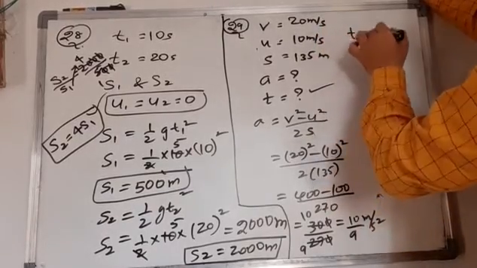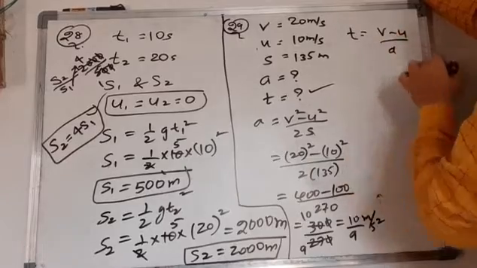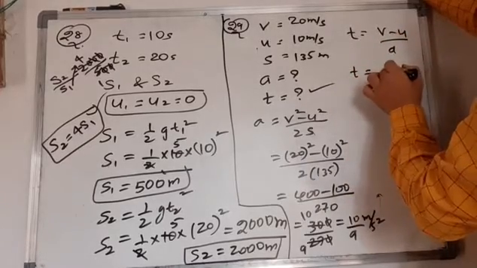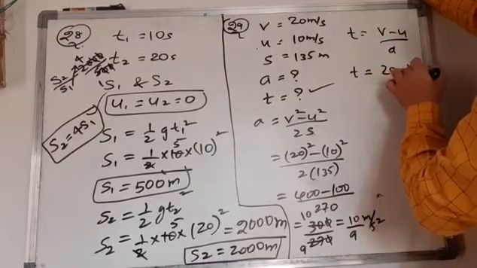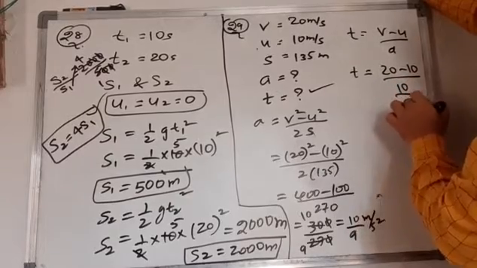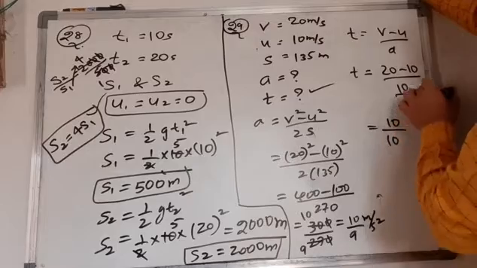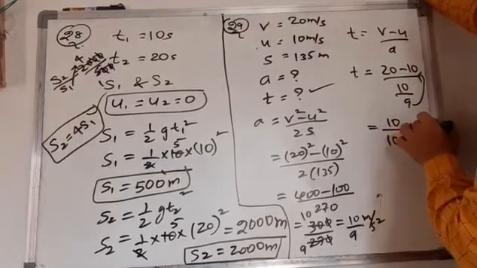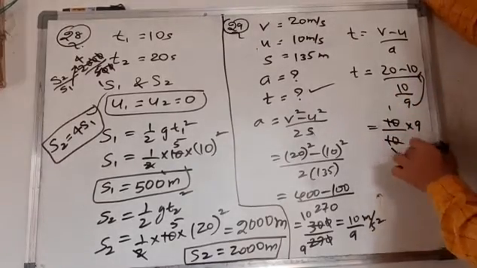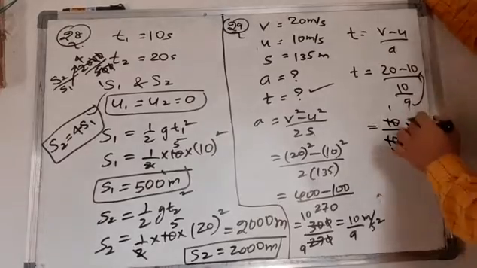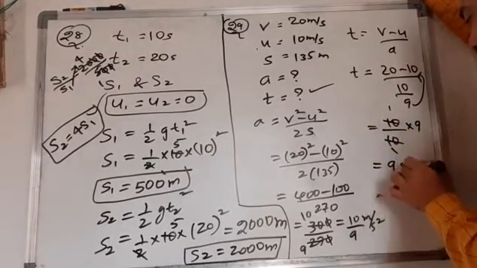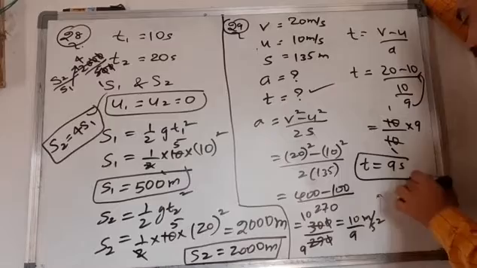So time is equal to V minus U by A. So T is equal to V minus U, that means 20 minus 10, by 10 by 9. This 9 gets reciprocated, so into 9. 10 gets cancelled. So what remains? 9 seconds. So time is equal to 9 seconds.